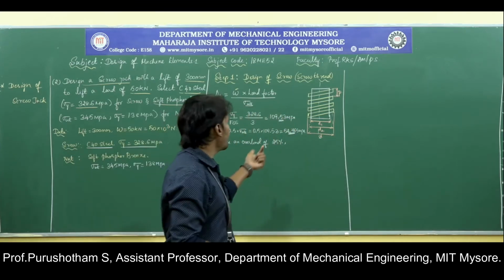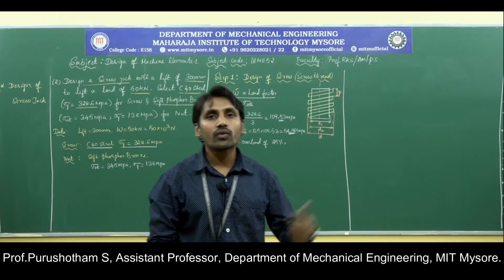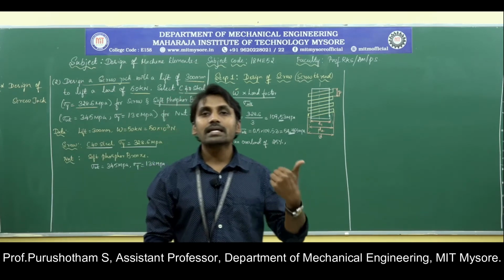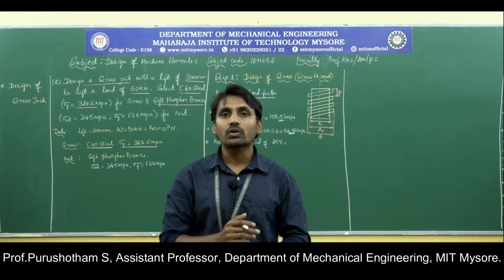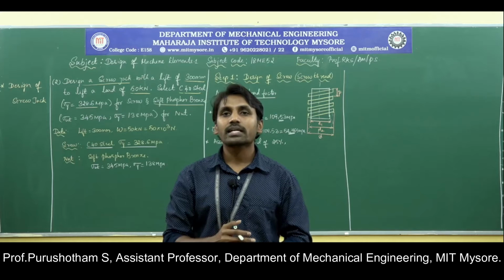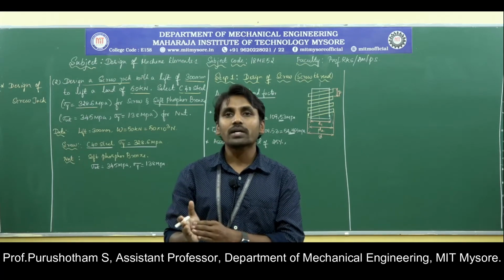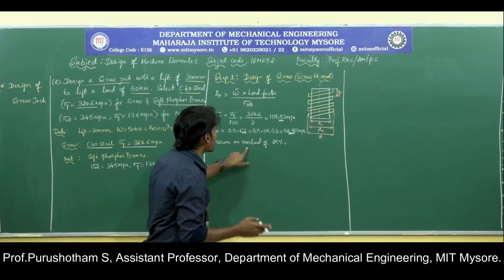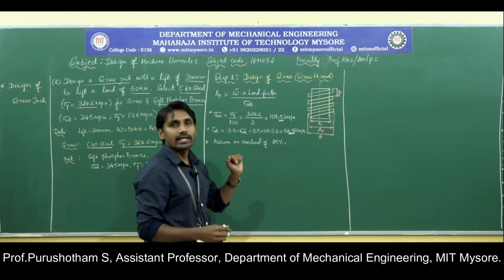That means in the first step we are going to design the screw thread for a load of 50 kilonewton, which is 100% load. For safety purposes, if the load exceeds, we are going to take an overload of 25% while calculating the core area.